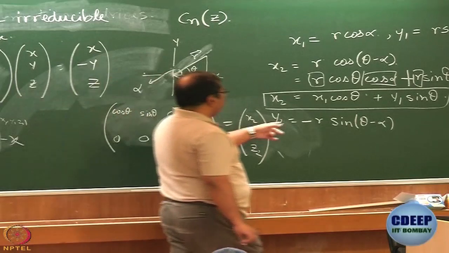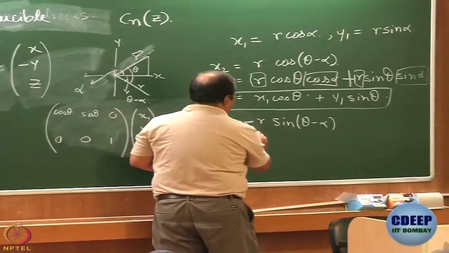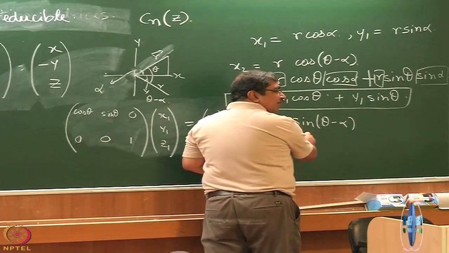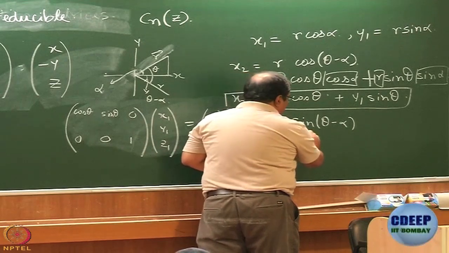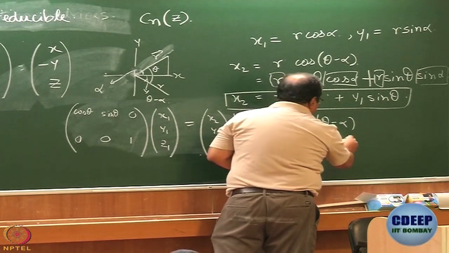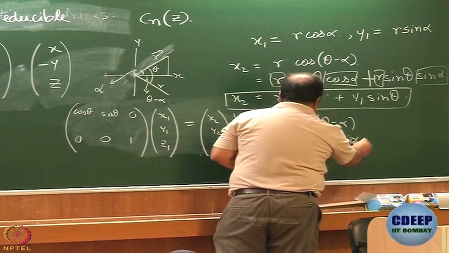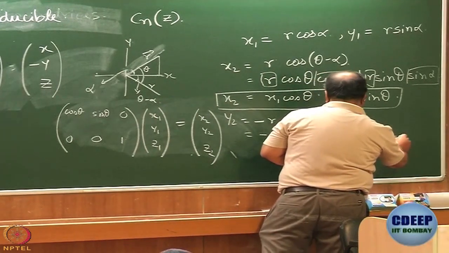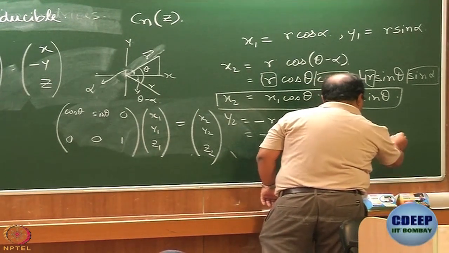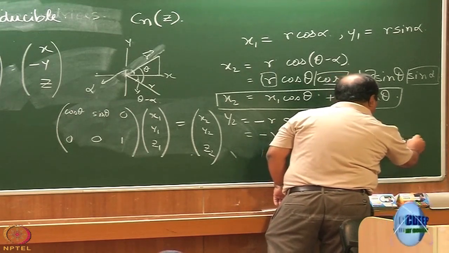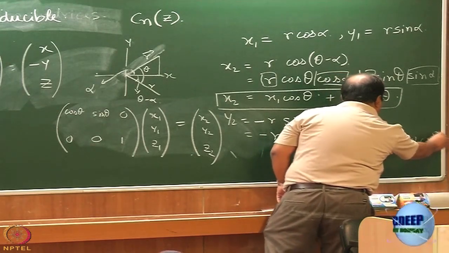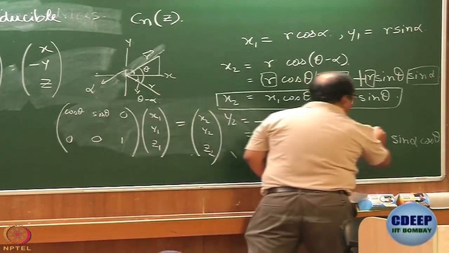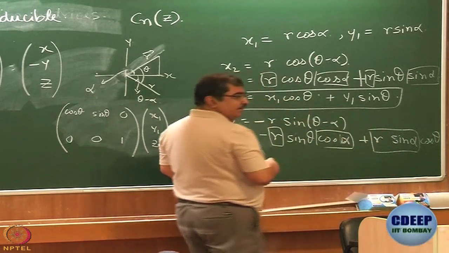Same way, y2 equal to minus r sin theta minus alpha. So, minus r, what is sin theta minus alpha? Help me. Sin theta cos alpha minus, but there is already a minus here, plus r, sin alpha cos theta. Again, r cos alpha is x1 and r sin alpha is y1, right.